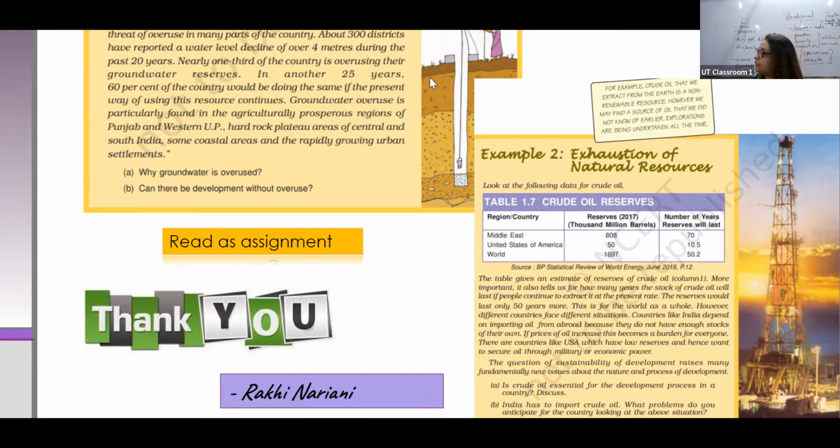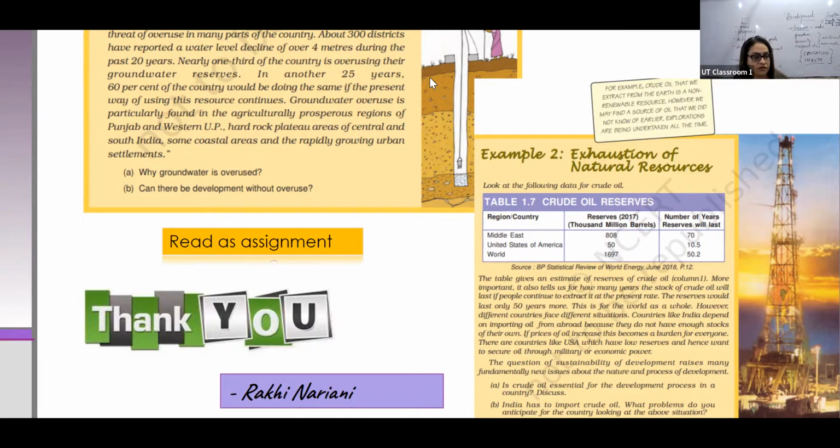In another 25 years, 60% of the country would be doing the same if the present way of using this resource continues. Groundwater overuse is particularly found in the agriculturally prosperous regions of Punjab and Western UP. Why? Because they do more agriculture over there, so there's more requirement of water. Also in hard rock plateau areas of central and South India, some coastal areas, and rapidly growing urban settlements.